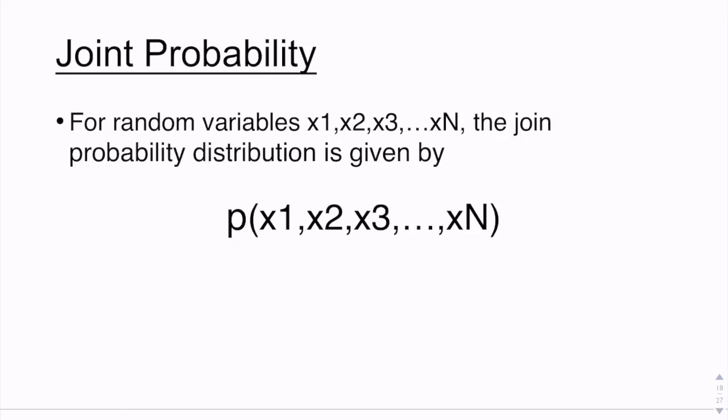So if you go back to the initial example from when I introduced the basics of probability, if you recall, we were supposed to compute the average number of times each student checked Facebook and also Instagram.